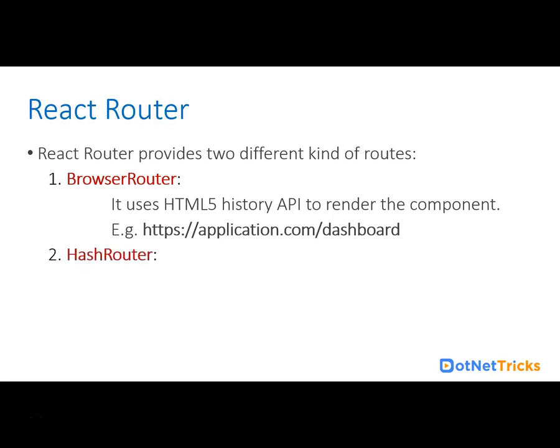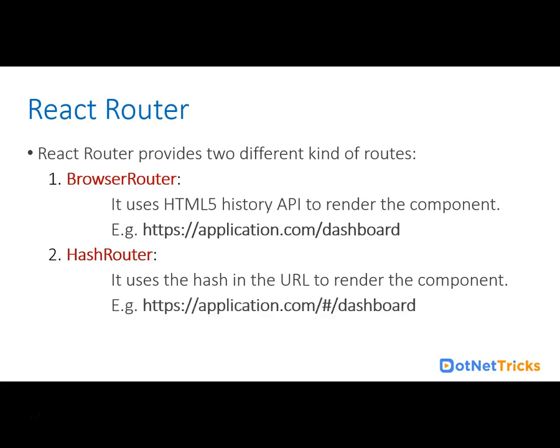Second is the hash router. Hash router uses the hash in the URL to render the output or component. If you are using a server that only serves static files, then the hash router component is to be used in this case.